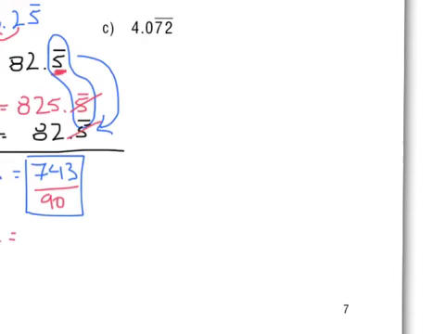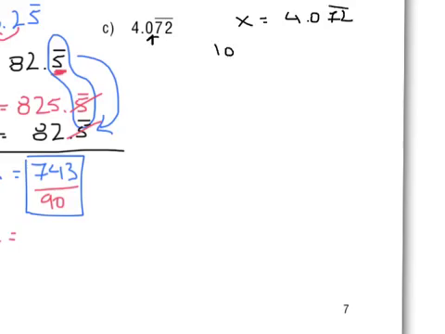So first step, I need to get the decimal over here and get just the repeating part on the right side of the decimal, and everything else on the left side of the decimal. So in order to do that, first of all let x equal 4.072 repeating.